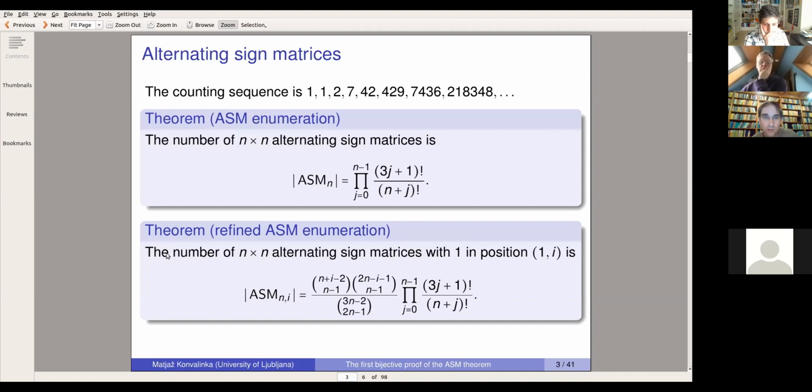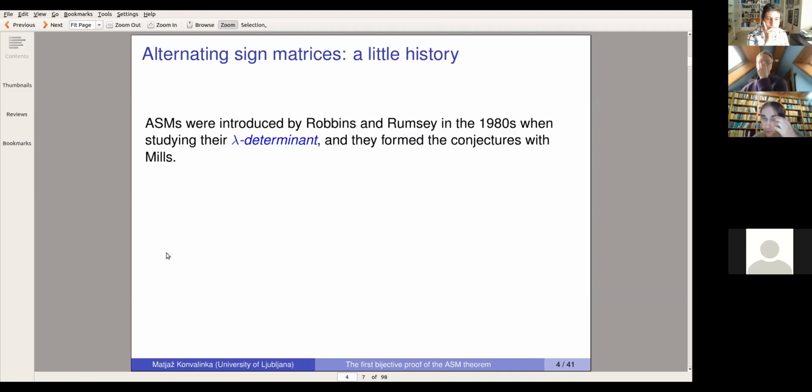Okay, so this is very famous. A little history. ASMs were introduced by Robbins and Rumsey in the early 1980s when they were studying their lambda determinant. Then they formed these conjectures about enumeration together with Mills.